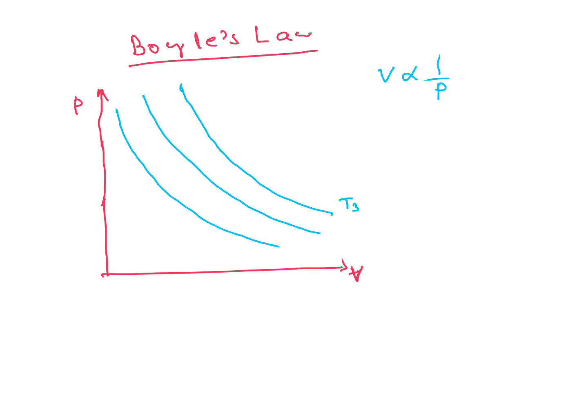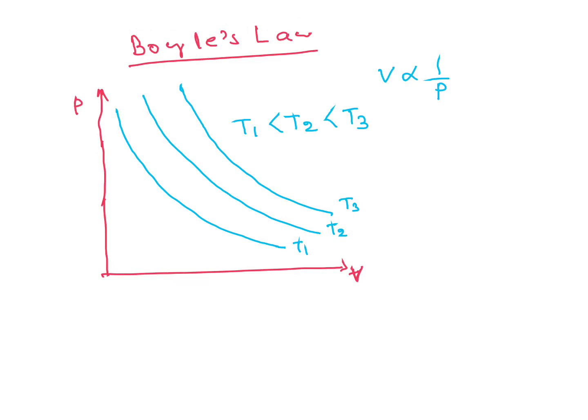Sometimes this type of questions they are asking. They will give and they will ask T1, T2 and T3 which one is greater. So here T1 is less than T2 and T2 is less than T3. You remember this graph, PV diagram for Boyle's law.